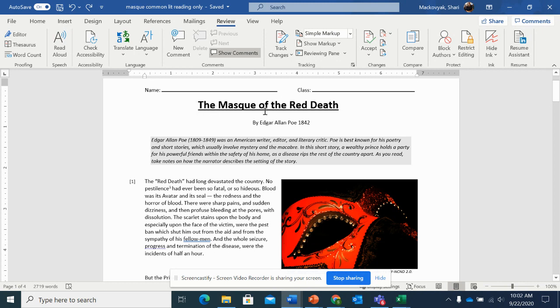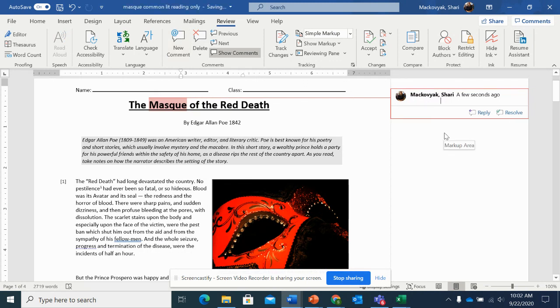So I'm going to start with the title, The Mask of the Red Death. I find this interesting, so I'm going to make a comment. I'm going to ask a question. What is this mask? Is it like a mask we wear on our faces? Because I've never seen this word spelled this way before.